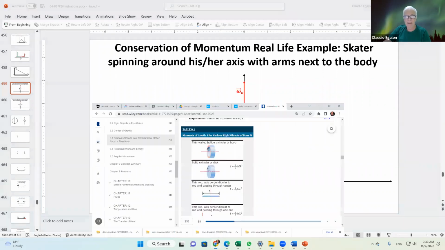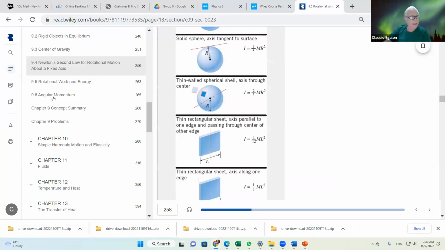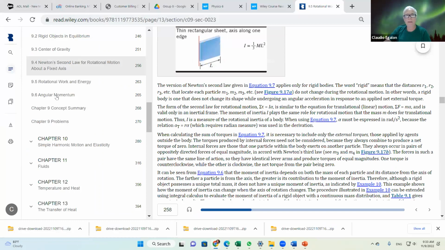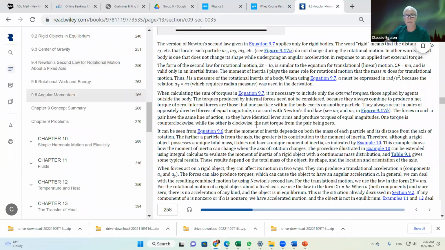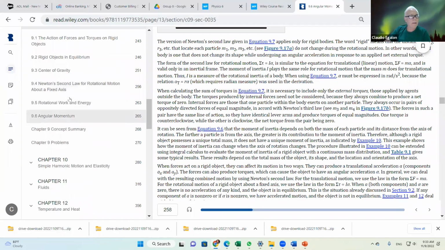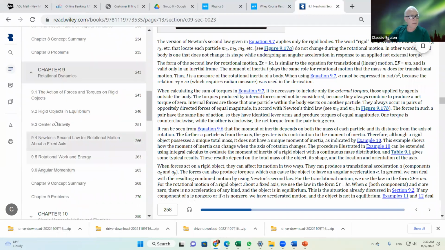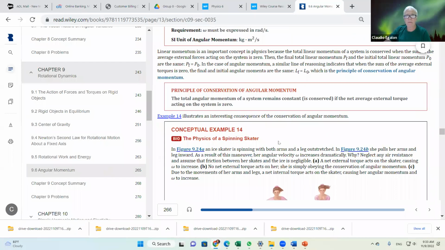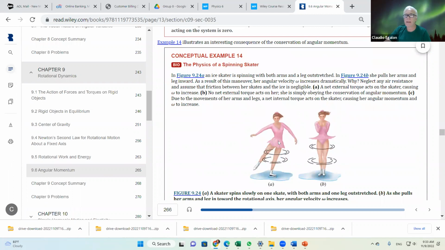So let's take a look again at the statistics of the spinning skater. Then they treat it numerically. Let's see, they treat a nice skater spinning with both arms and legs outstretched. She pulls her arms and legs inwards.